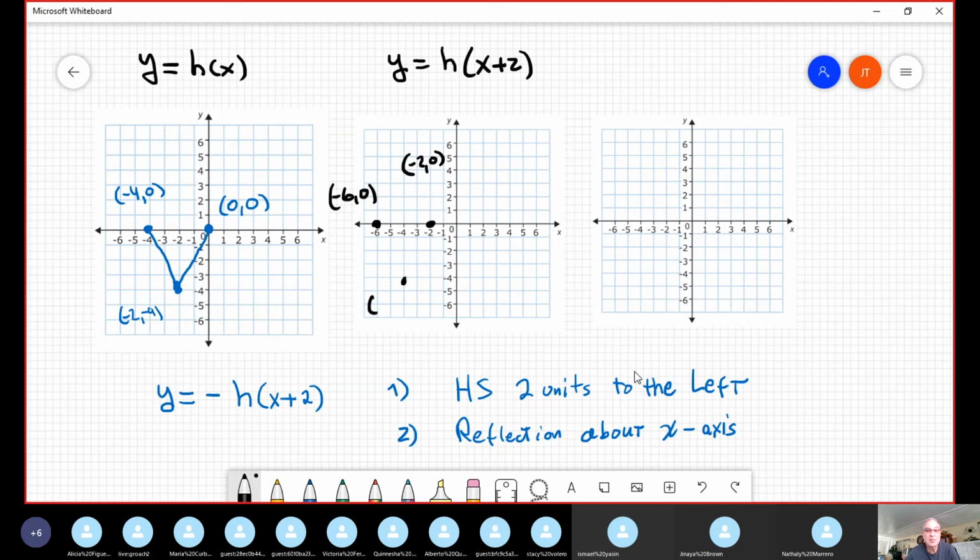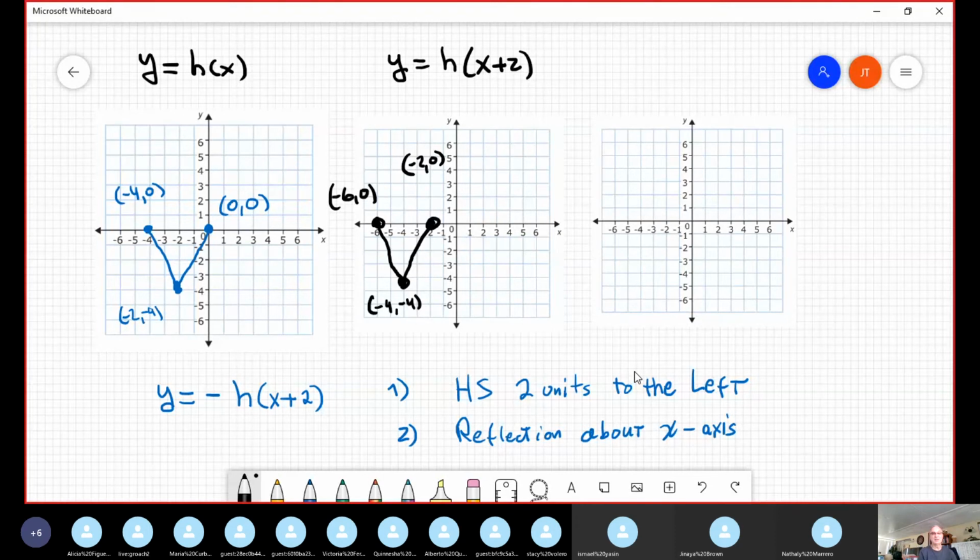This is my function after the first transformation. Everyone follow me?